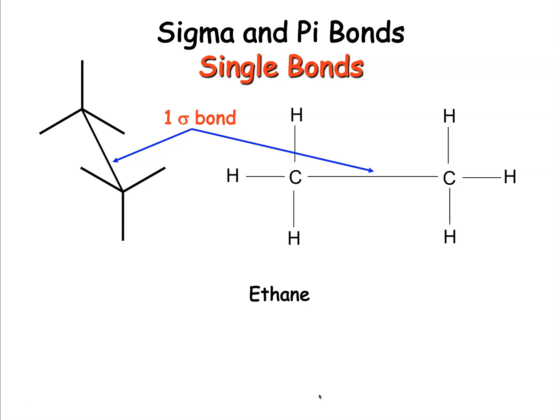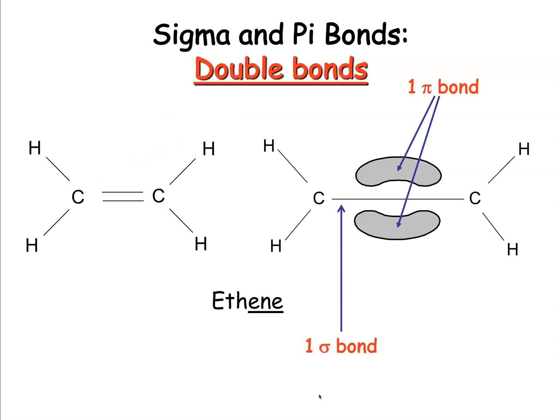Okay, so an image. Here's our single bond, sigma, single, same thing. It's between the two nuclei of the carbons. Now we get to a double bond. The sigma bond is still in between, but the overlap of the p orbitals, the unhybridized p orbitals, is what makes up that pi bond.